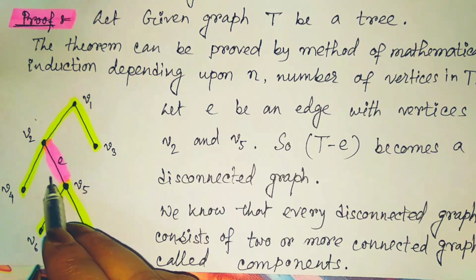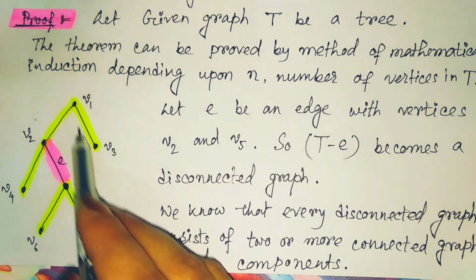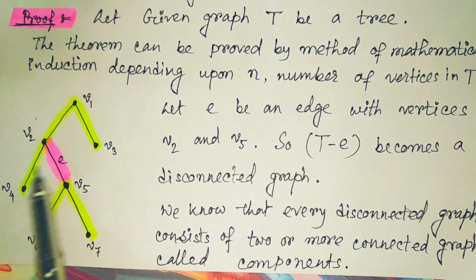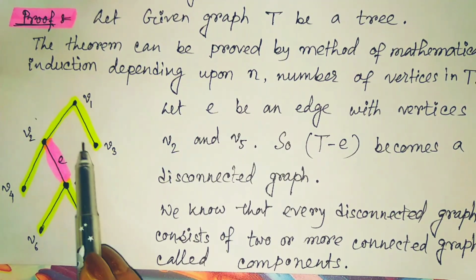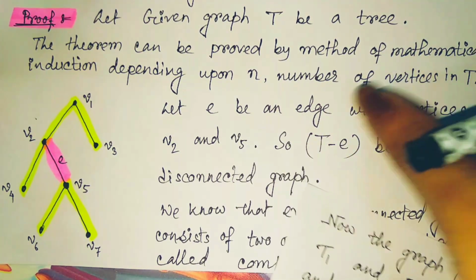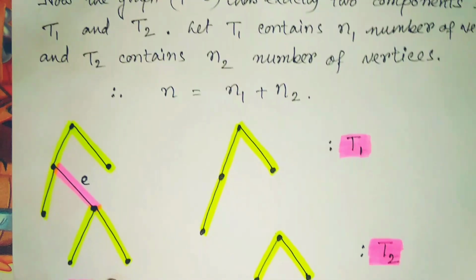So if we remove this edge, this one is one part of the graph and this one is the other part of the graph. So the graph becomes two parts, and each of these two is a component of the graph. So after removal of E, we find the two components of the graph.